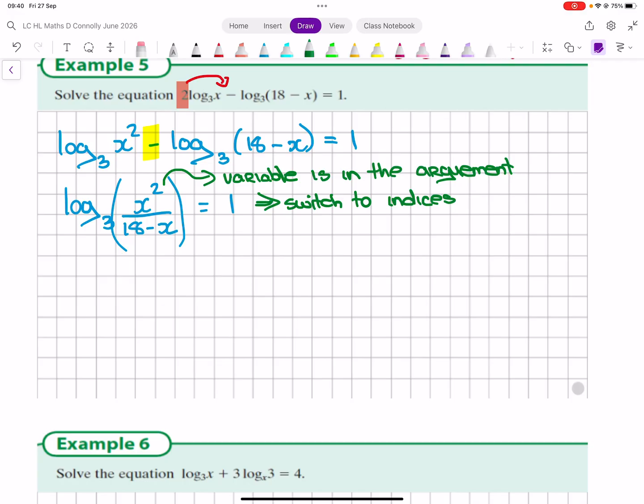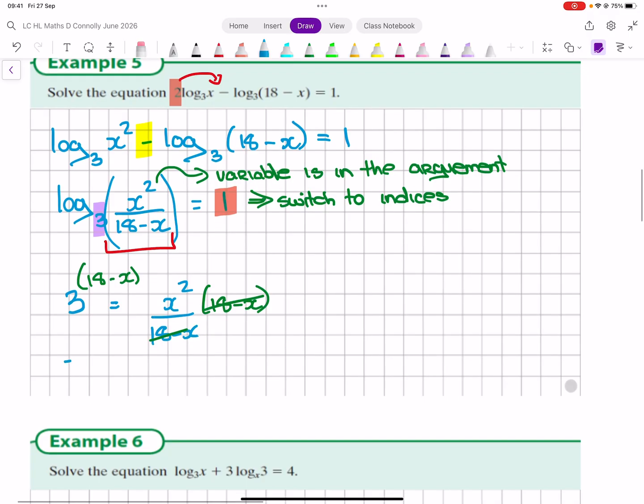All right, so the base of the log is the base of the index. The answer to the log is the power. And then the argument, which is here, is the answer. So 3 to the 1 is the same as 3, so we don't need that. I'm going to multiply here by 18 minus x to cancel the fraction, and I'm going to multiply here by 18 minus x to balance it out.